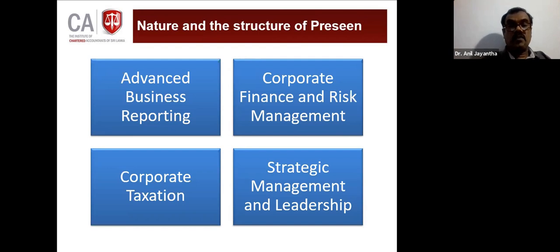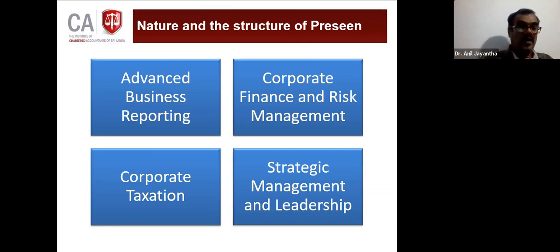The nature and the structure of the pre-seen, as I just told you, now we are synthesizing, or we are summarizing our area up to now. So I just explained the broad aspects. So here, synthesizing, now we narrow it down. How? Into 4 baskets. Advanced business reporting.